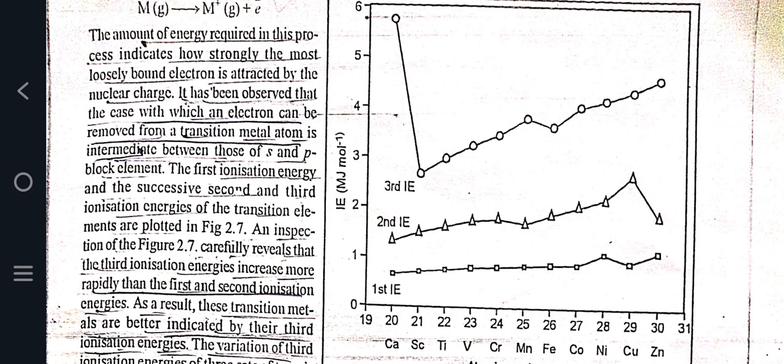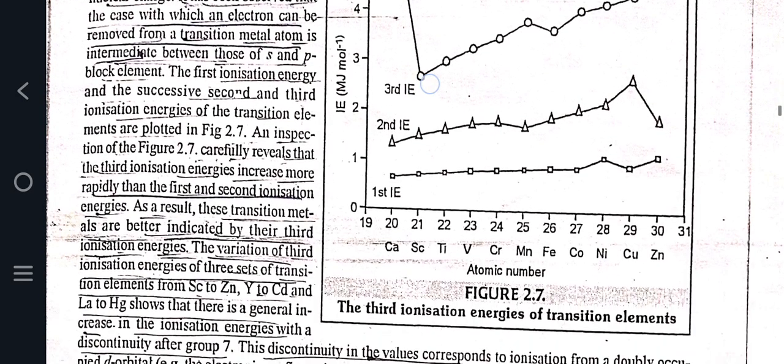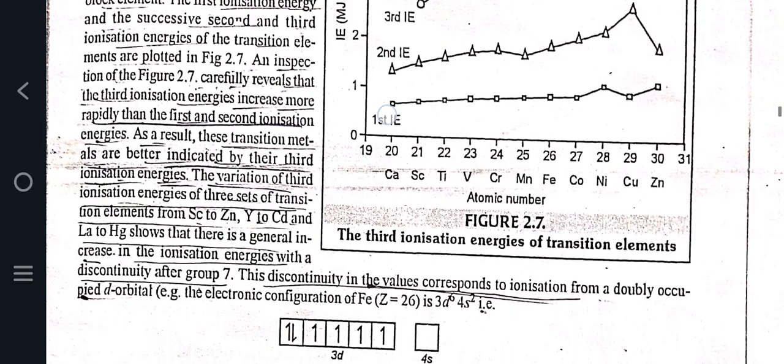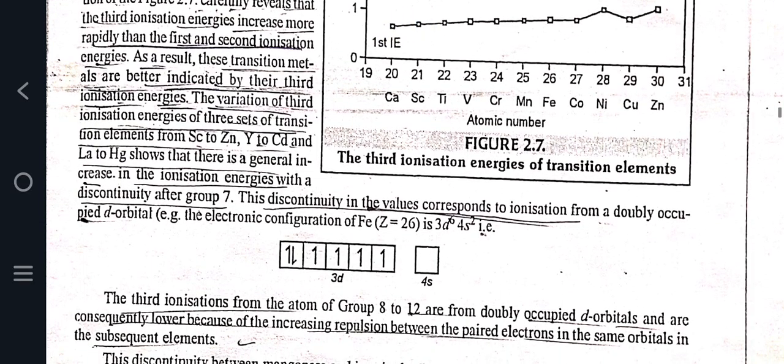As a result, these transition metals are better indicated by the third ionization energy. The variation of third ionization energy of these three sets of transition elements, from scandium to zinc, Y to cadmium and La to Hg, shows a general increase in the ionization energy with a discontinuity after group 7.